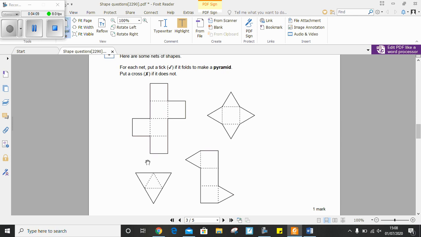So again, that would get a tick. Right, let's have a look at this one. If I fold up on the lines here, then fold it round, this is going to make a triangular prism. So I know that that's not going to be a pyramid, so that would have a cross. So this one would have a tick and this one would have a tick.